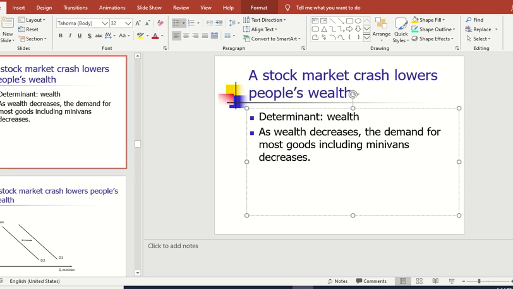In fact, if you look back at the economic history of the United States, every time there's a downturn in the economy, every time there's a recession, we do see the auto industry very hard hit. So cars are very sensitive to people's wealth.